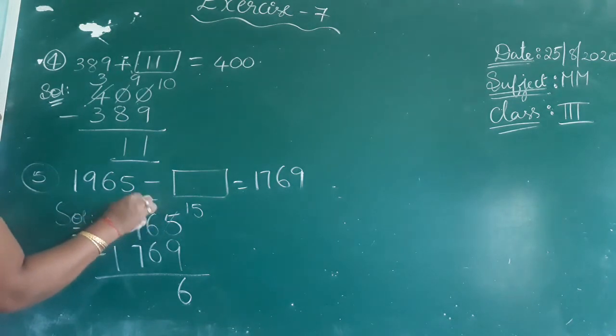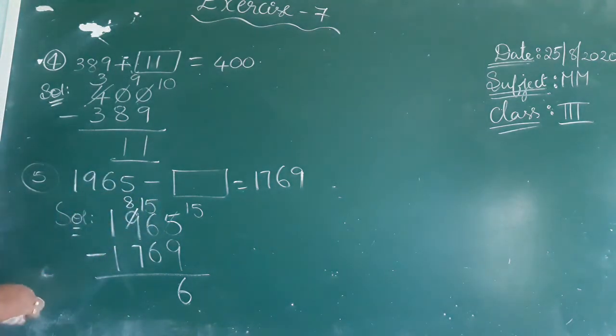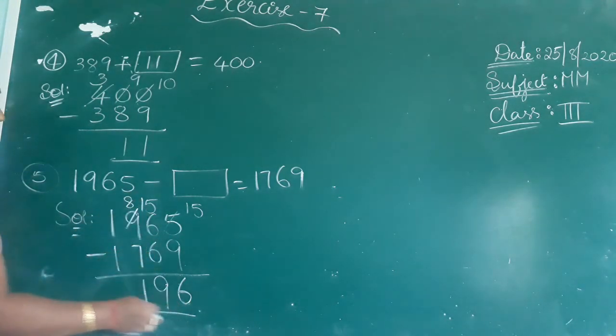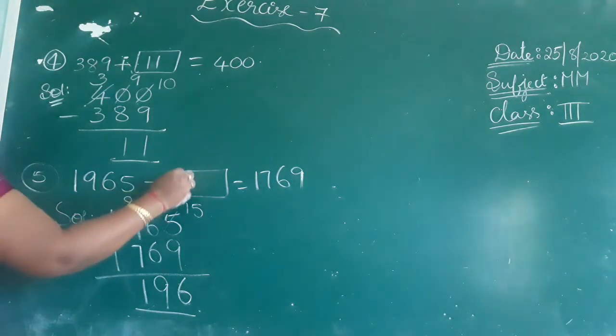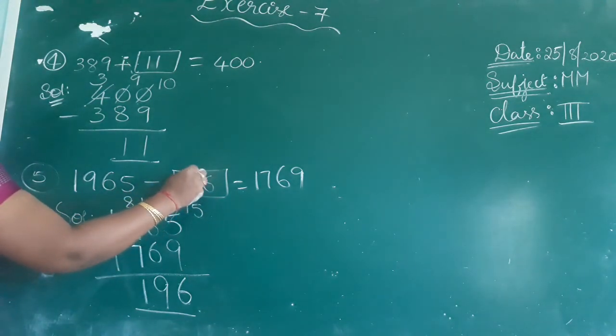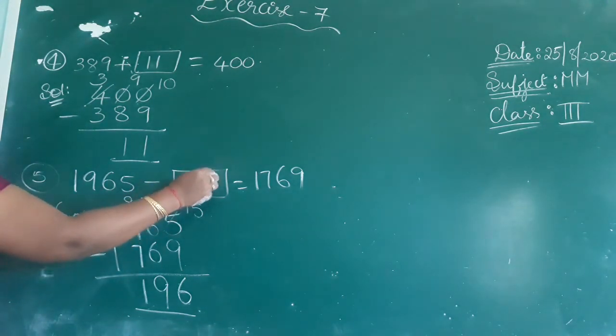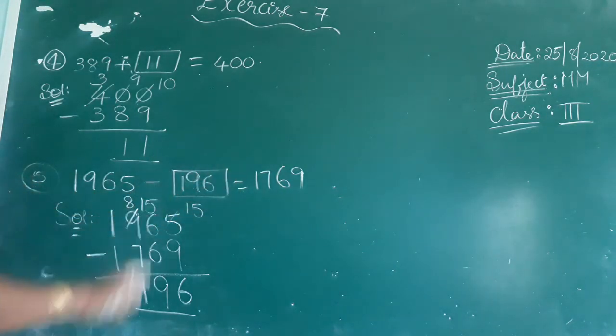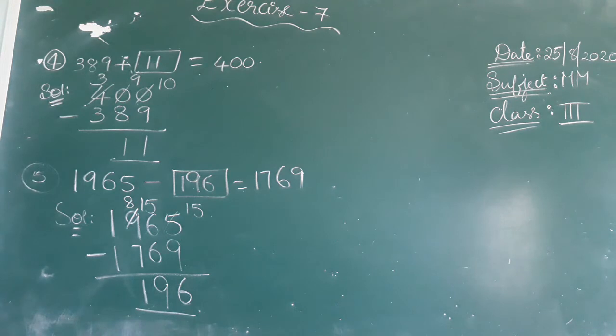And this number becomes 10 plus 5, 15. 15 minus 6, 9. 8 minus 7, 1. So what is left? 196. That means if we subtract 196 from 1965, you will get 1769.